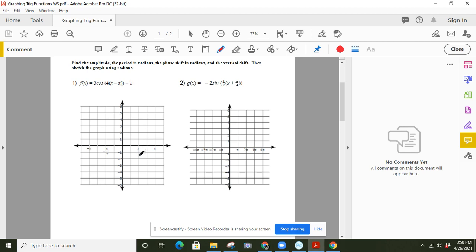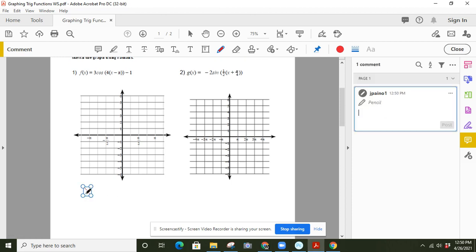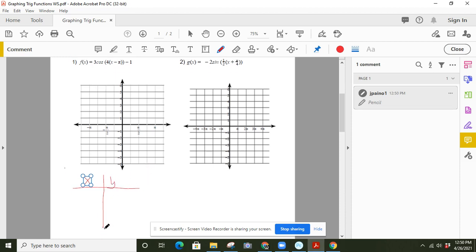Okay, so if I want to graph this, I want to start by making a table of values. So get my x, get my y. All right, and so we know that the period is pi halves.